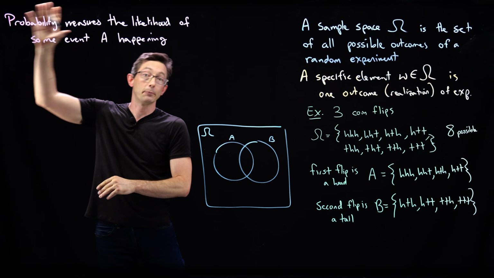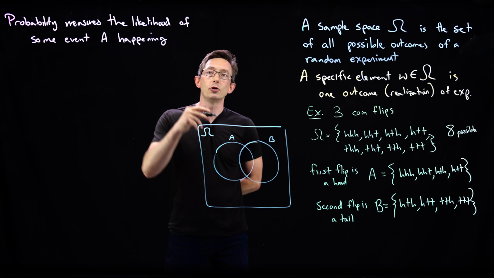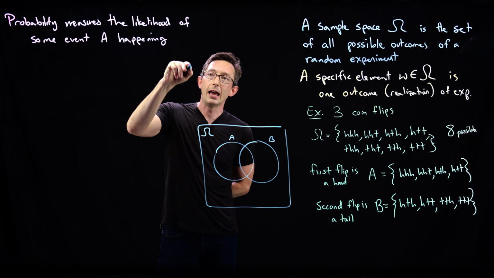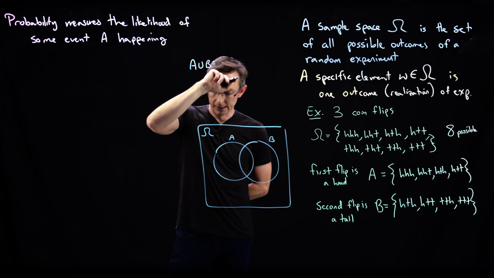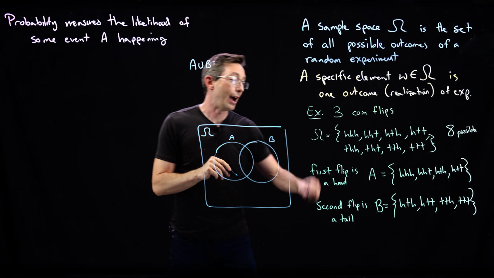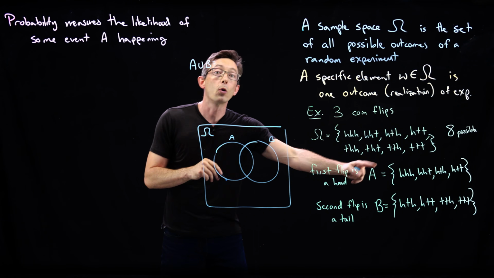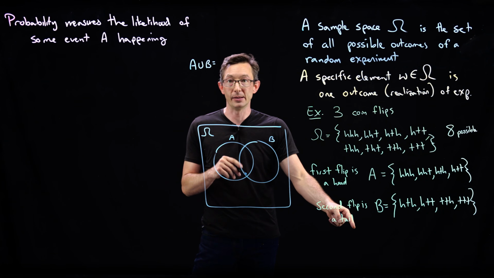And there are things we can define in terms of set theory that are going to be really useful in probability theory. So we can define this notion of a union. So A or B is everything in A or B. So either A happens or B happens. So either the first flip is a head or the second flip is a tail.